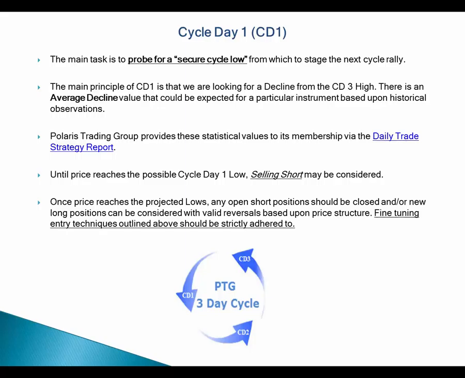But the idea simply is, if the large institutional smart money players feel confident that that's a secure low, they're going to use this opportunity throughout today and perhaps even into cycle day 2 tomorrow to continue to buy at those levels, and to clean up whatever sellers may be around.